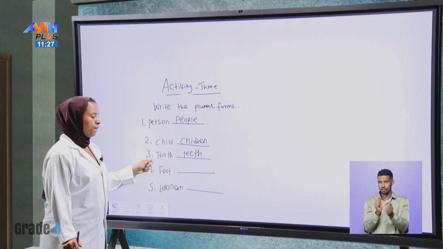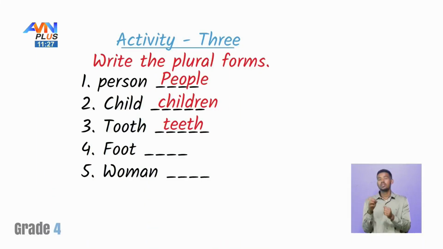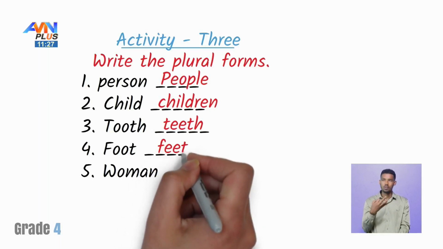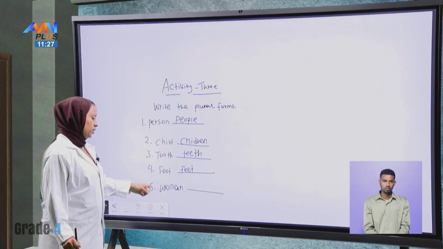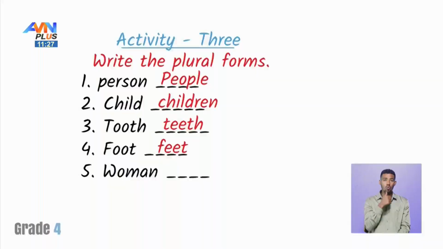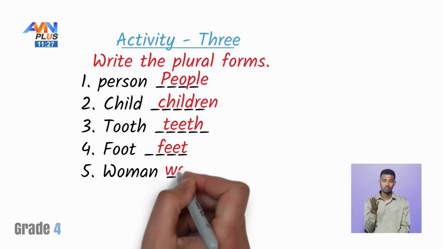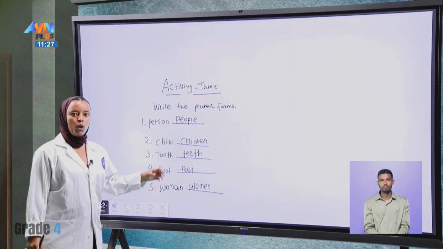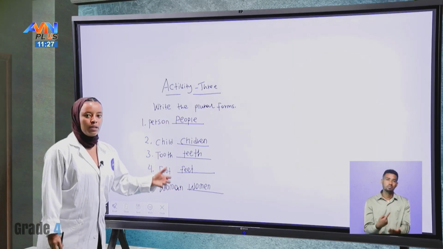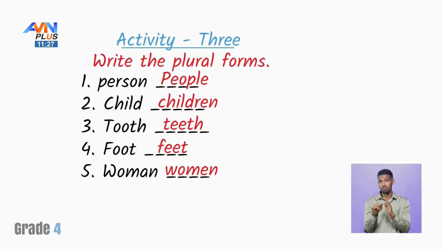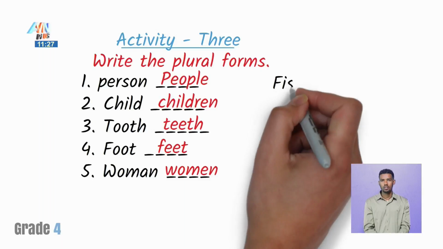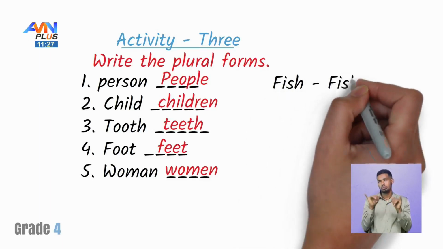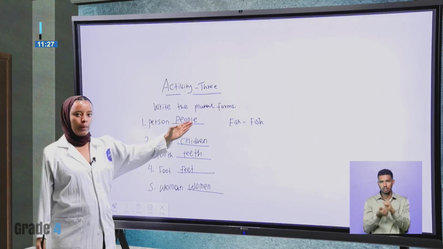Here is foot, feet. Here is woman, women. Woman, women. There are some examples like fish, which becomes what? The same: fish. Fish, fish.